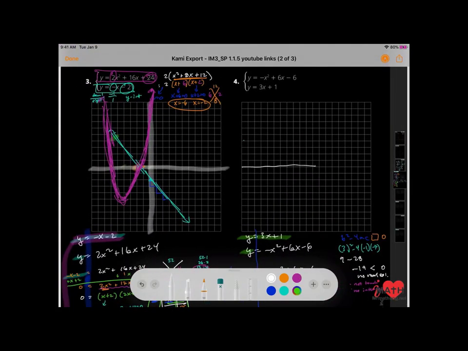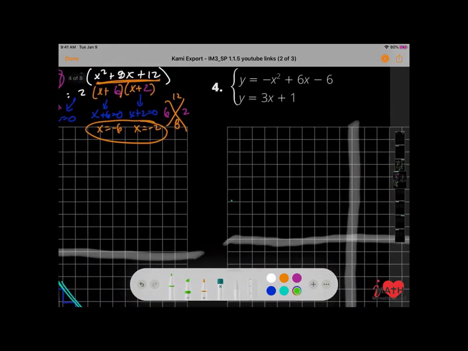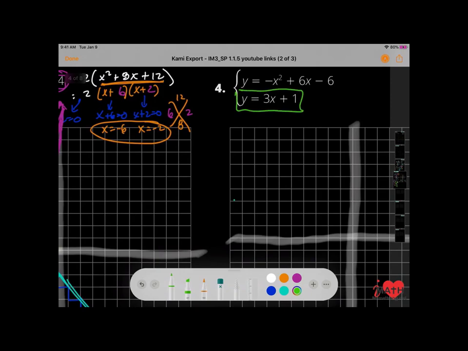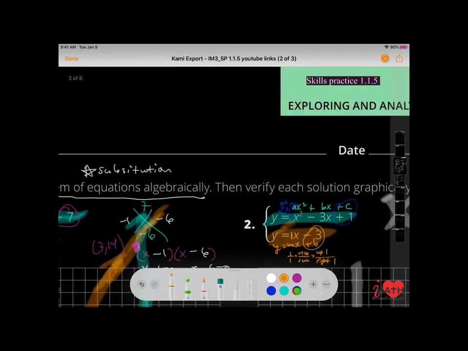Here is my x, my y coordinate. Let's graph the first one. Here I again have slope-intercept form. My y-intercept is 1, and then remember slope.